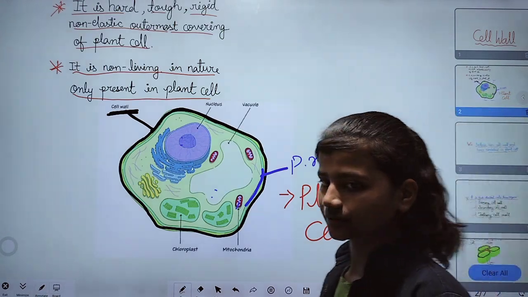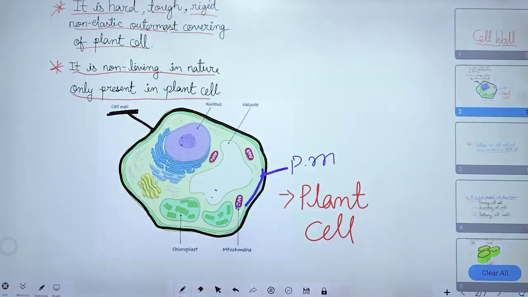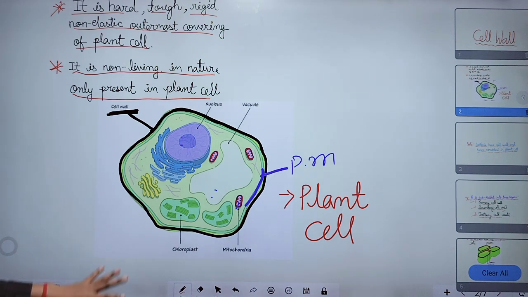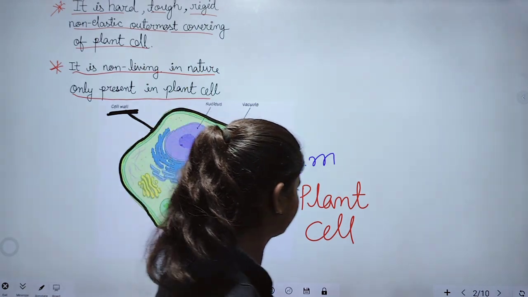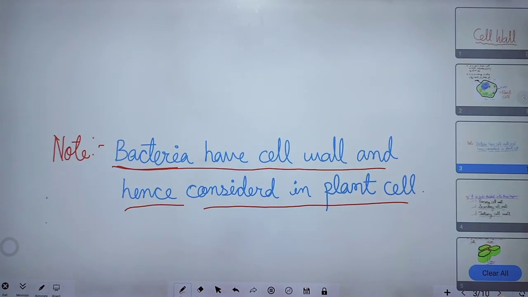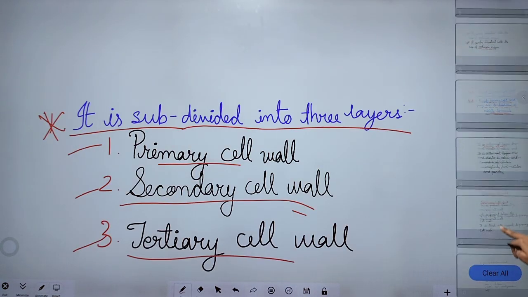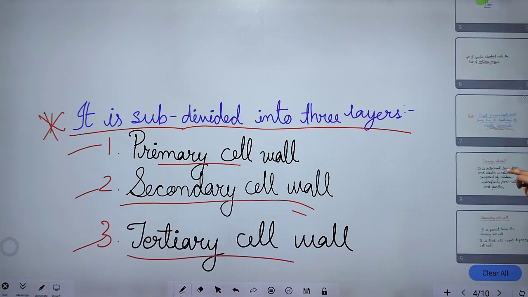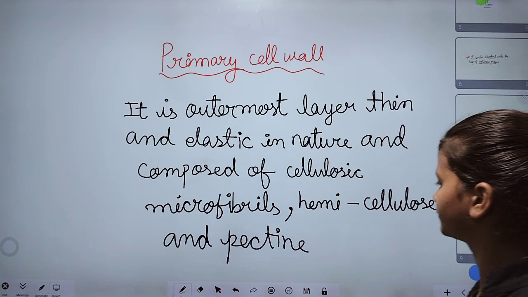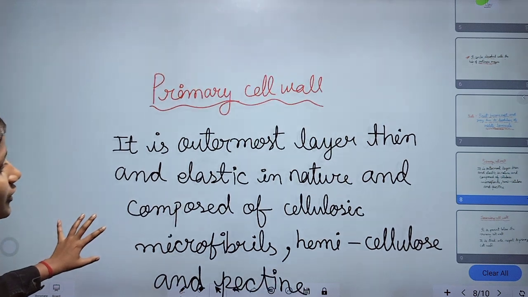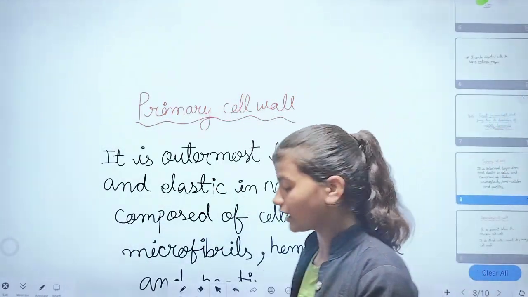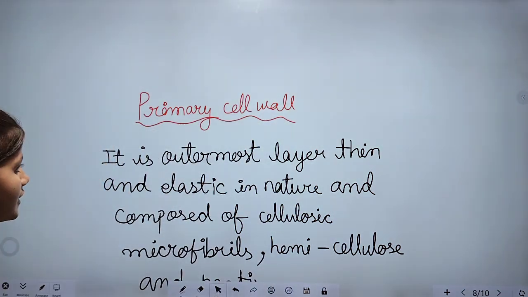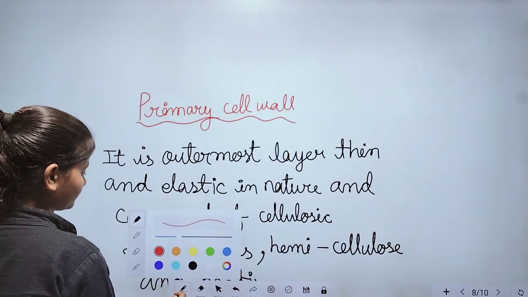This is all about the middle lamella. I hope you understand about the middle lamella and the cell wall. So now we will discuss what is the primary cell wall.